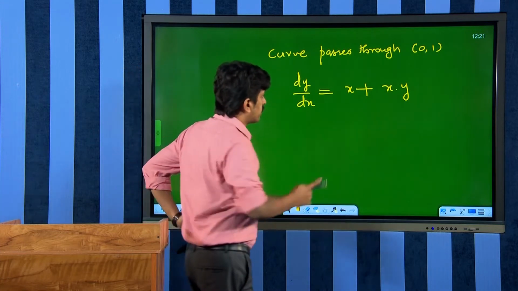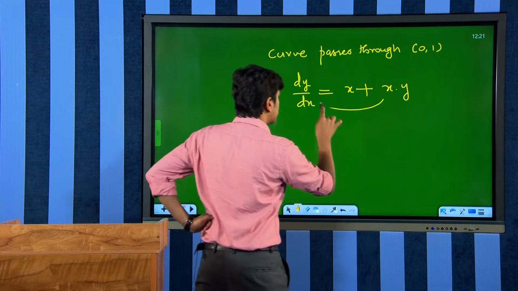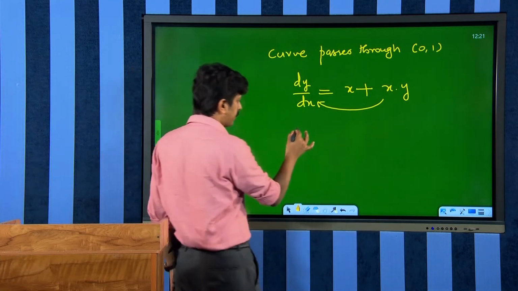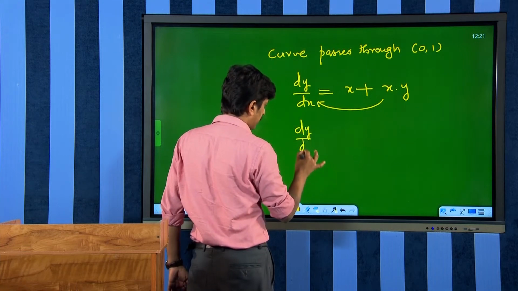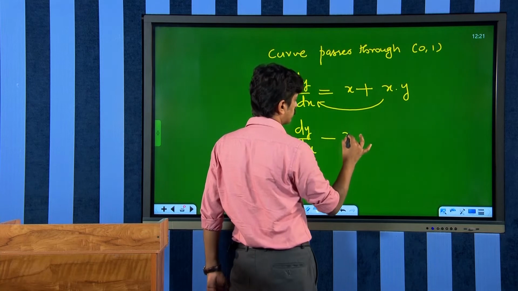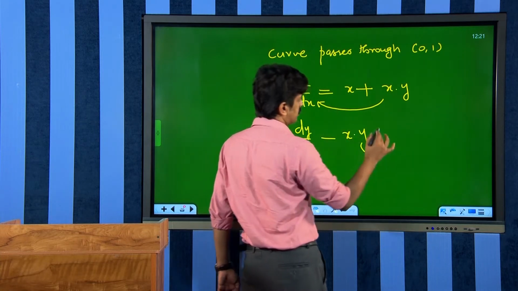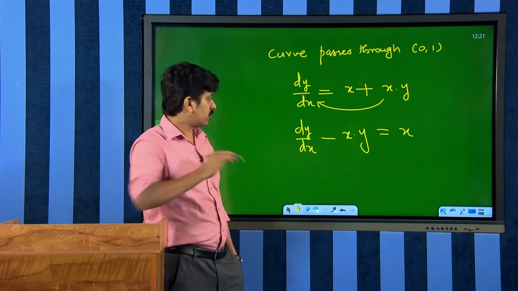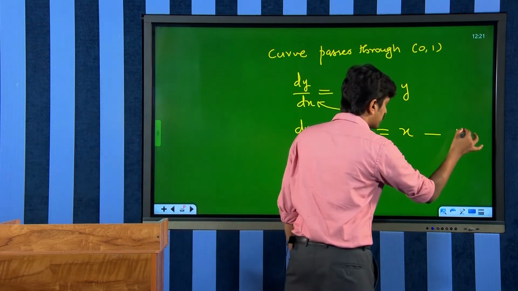See, my dear students, this can be written as, we will take xy to here. So, dy by dx minus xy is equal to x. I would like to put this as equation number 1.